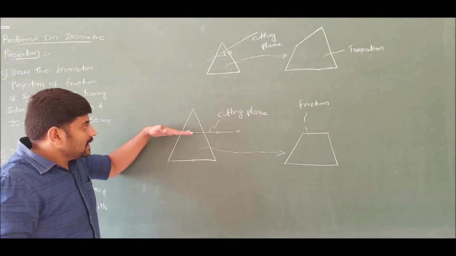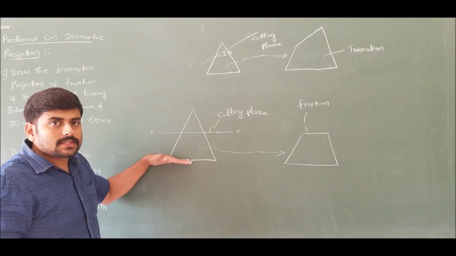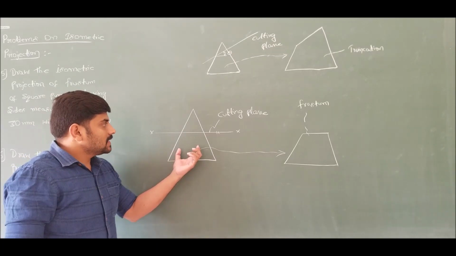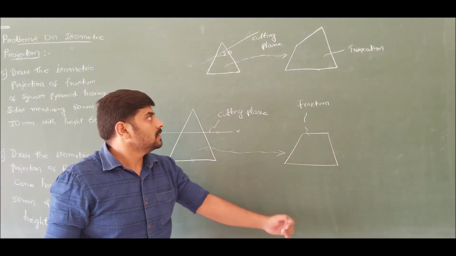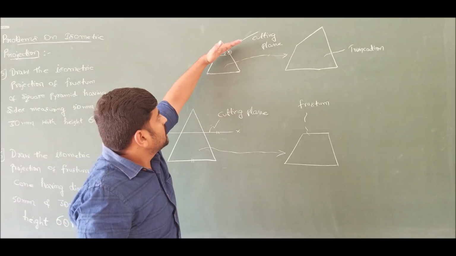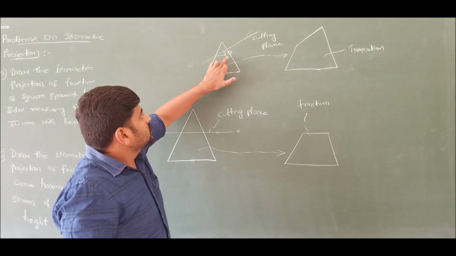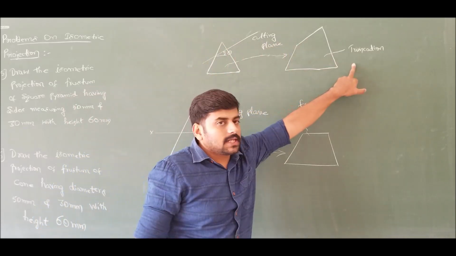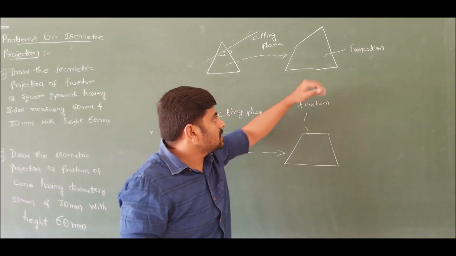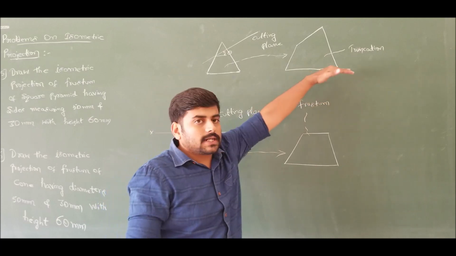If the cutting plane is parallel to the base, the portion retained is termed as frustum. When the cutting plane is inclined at an angle theta to the base, the portion retained is termed as truncation. So this is the difference between frustum and truncation.